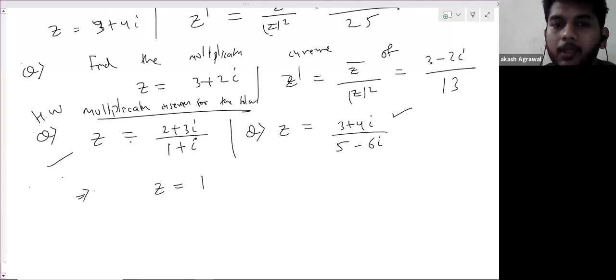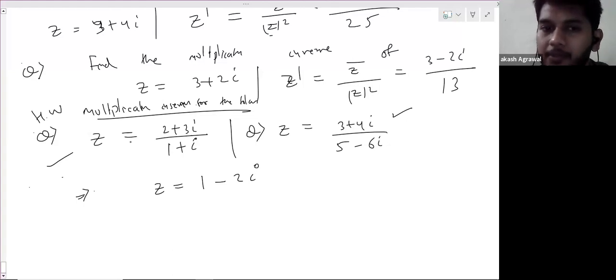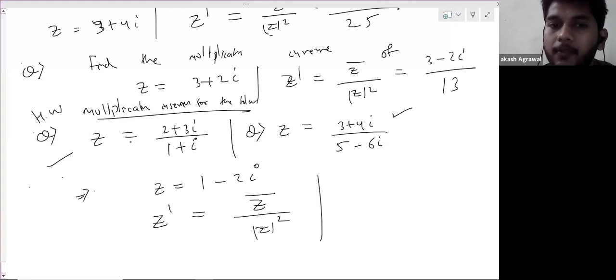Suppose z equals 1 minus 2i, and they are asking you to find the multiplicative inverse. Suppose I say the multiplicative inverse is z dash. The formula is very simple: conjugate of z upon mod z square. So if z is this, can you tell me what is the conjugate of z?